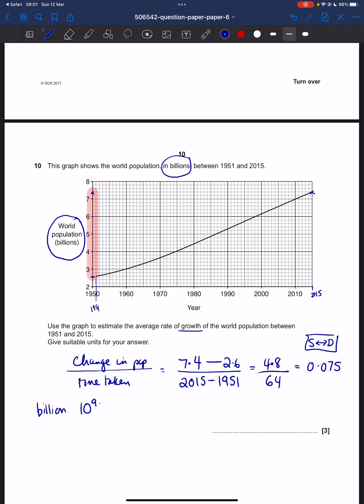Yeah, it does change, but I'm going to stick to the UK because it's a UK paper. I could just say it's 0.075 billion because that's what they're giving me. But anyway, I'm going to multiply my answer by 10 to the power 9. I'm putting a 9 in.